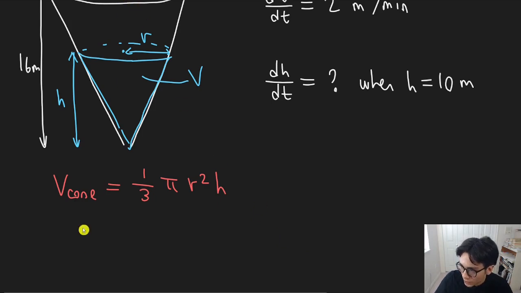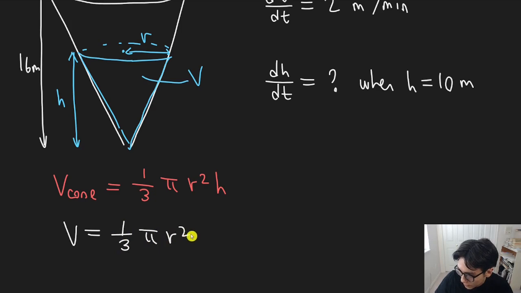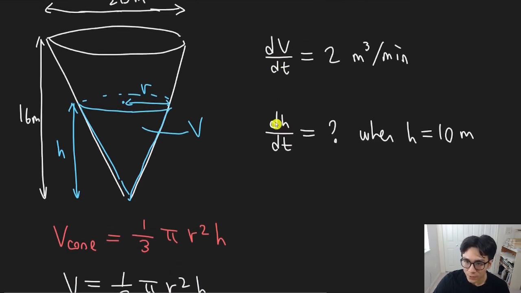This is going to be our equation. So I could write V is 1/3 pi r squared h. Okay. But here we can see we have this r, which we don't have any information about. And so we're going to have to eliminate this r from the equation so that it can just be between V and h. And then we can take the derivative to get to these rates.